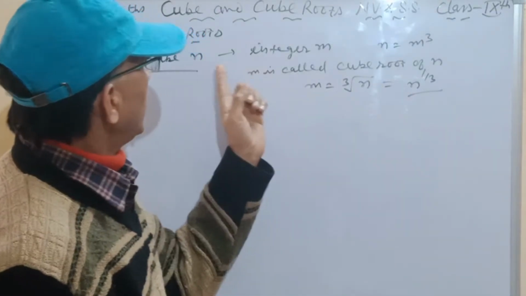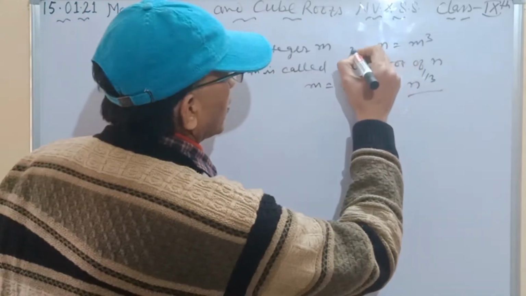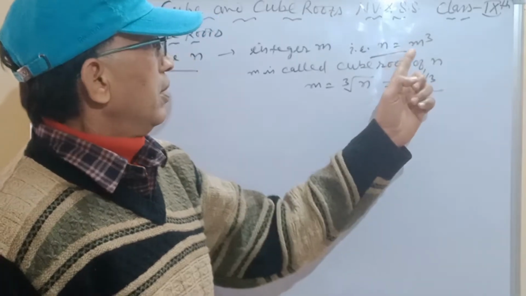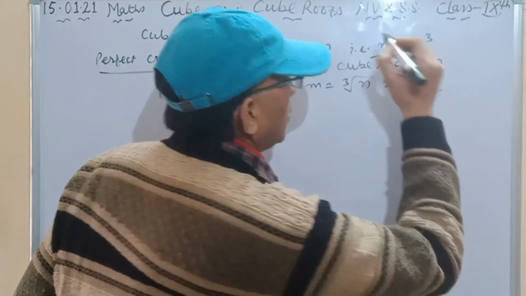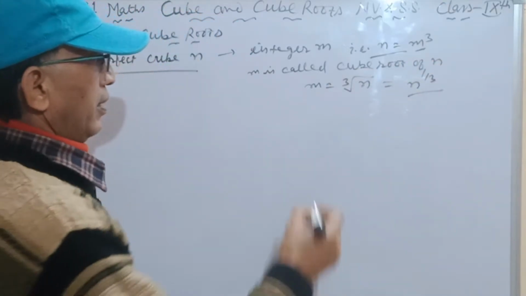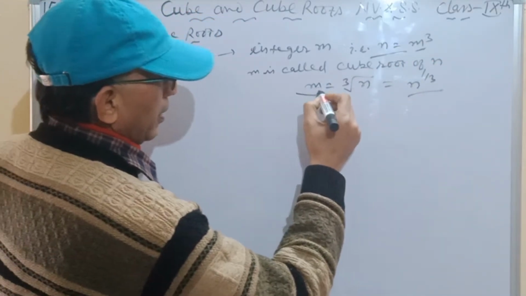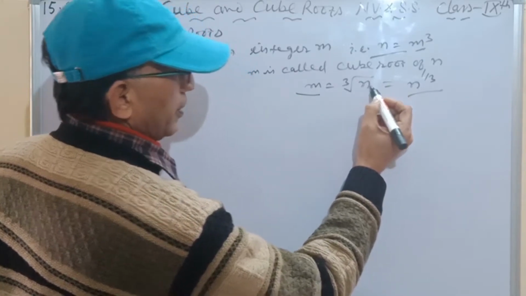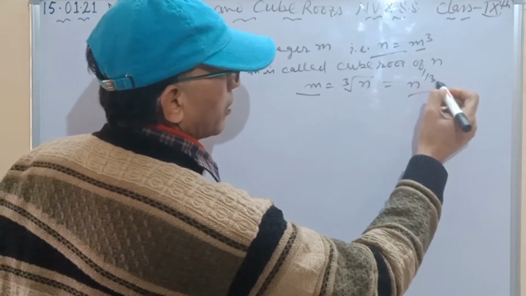So for n equal to m cube, m is the cube root of n. You can also write this as m equals n to the power 1 by 3.